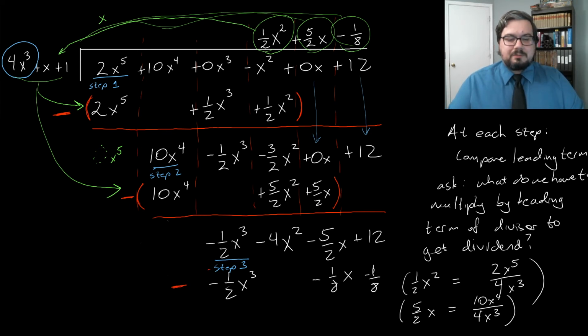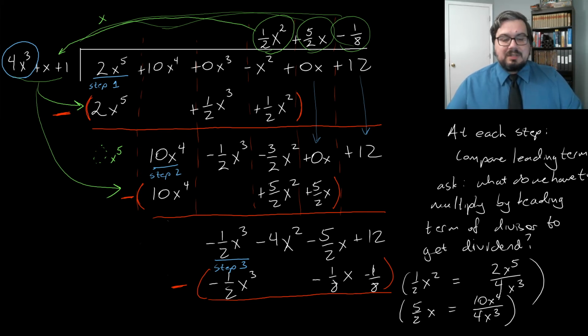And once again, we subtract. And this is the place where you have to be the most careful about the subtraction when you've got negatives showing up. So negative 1/2 x cubed minus negative 1/2 x cubed is going to be 0, because the negative and negative become a plus. We got negative 1/2 plus a half, that's 0. Then negative 4x squared becomes negative 4x squared.